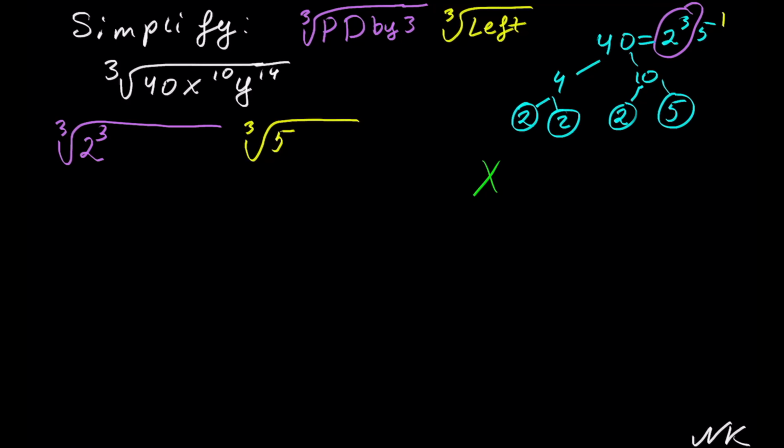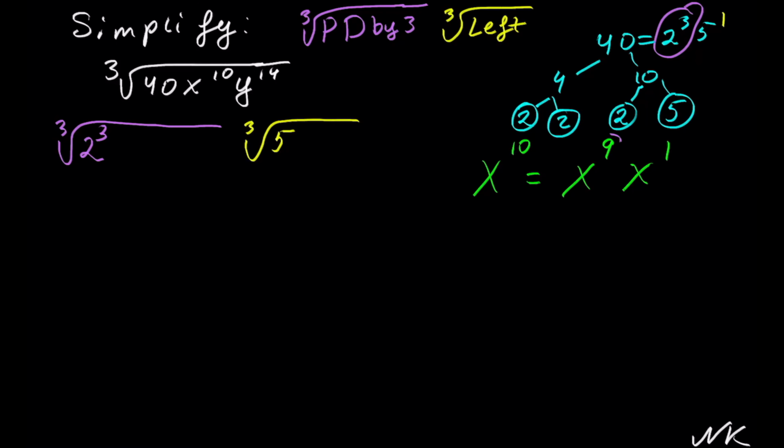So let's rewrite x to the 10 as a product of two x's, and we will start counting backwards. 10 cannot be divided by 3. 1 less is 9. We can divide 9 by 3, so that will be our perfect cube. So x to the 9th times 1 more x will give us x to the 10.